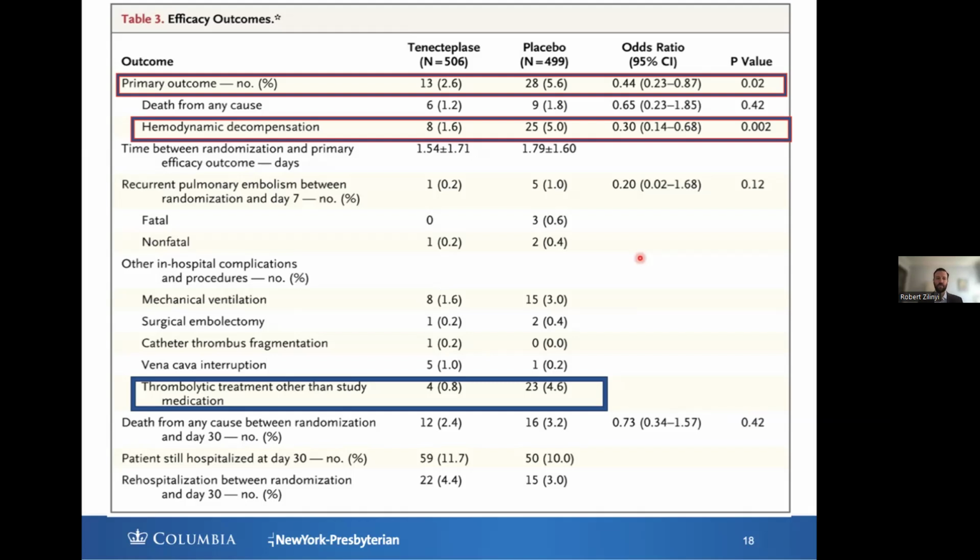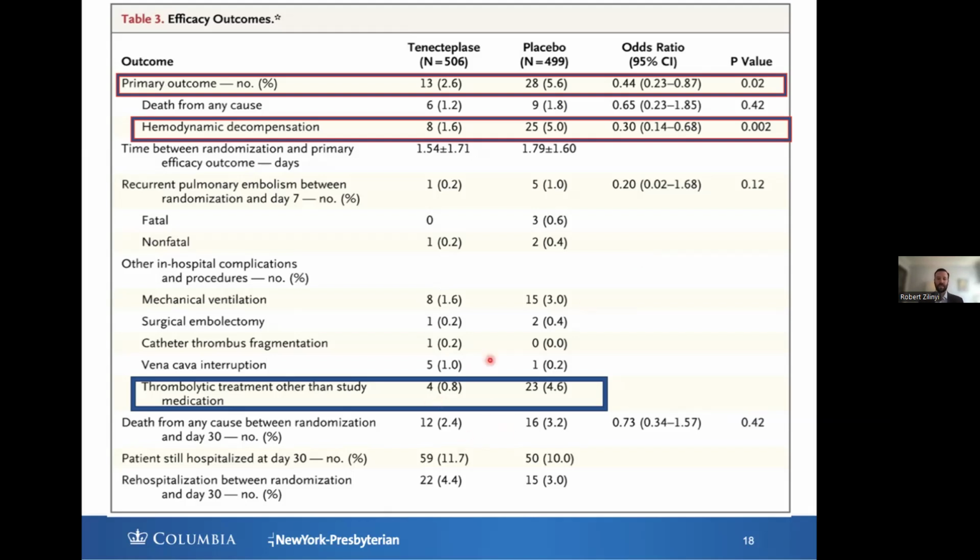The primary outcome was a composite endpoint of death from any cause and hemodynamic decompensation within 7 days from randomization. And we see here that this was quite a positive trial, with the tenecteplase arm significantly outperforming the placebo arm, driven predominantly by a decrease in hemodynamic decompensation.